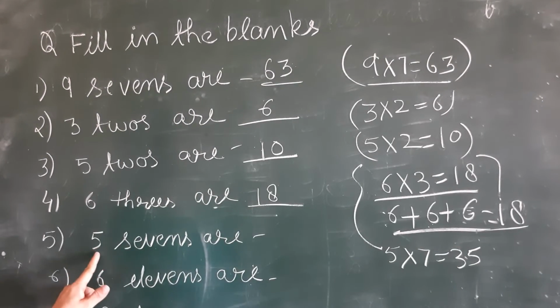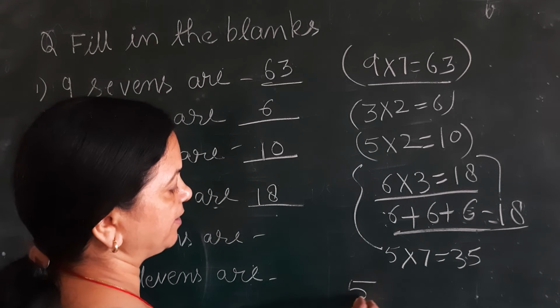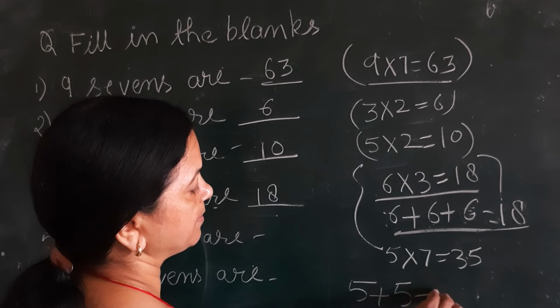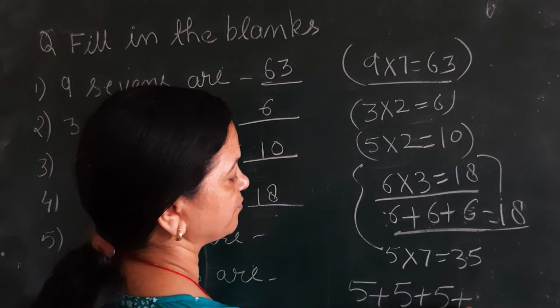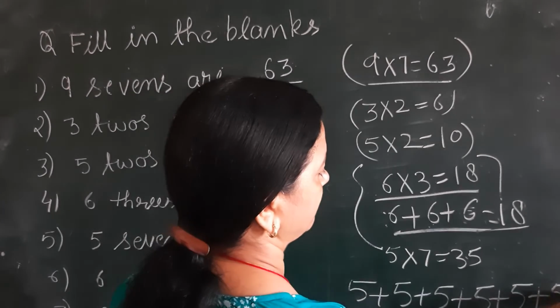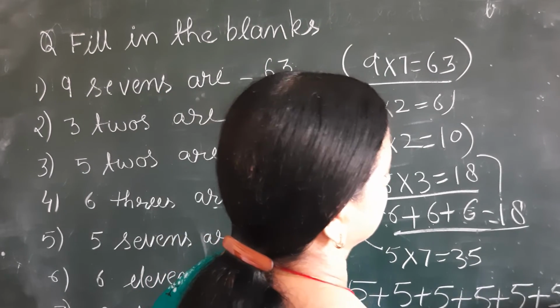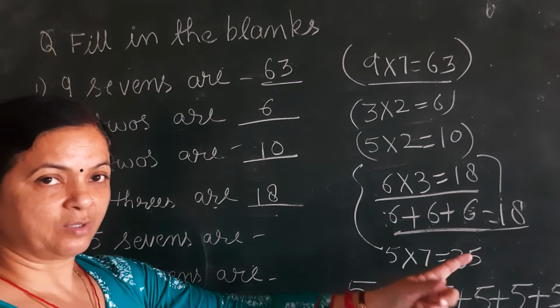We will write this 5 seven times, which means 5 plus 5 plus 5 plus 5 plus 5 plus 5 plus 5. How many times? 1 2 3 4 5 6 7. Seven times we will write 5.